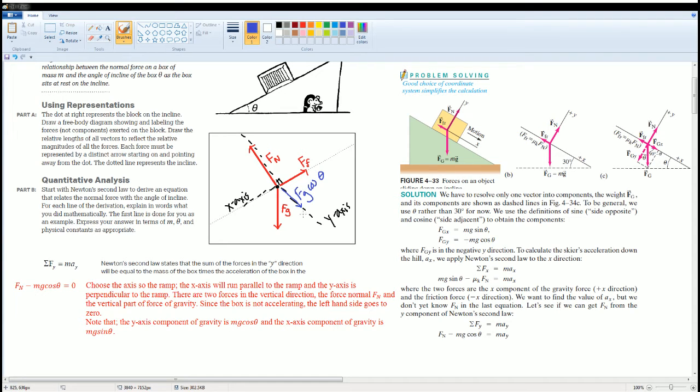Then you're going to have the x part, which is Fg sine theta. Okay. So I said there are two forces in the vertical direction, the force normal Fn and the vertical part of the force of gravity. Since the box is not accelerating, the right hand side goes to 0.